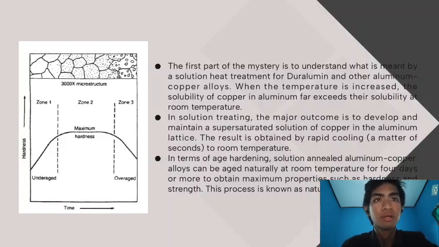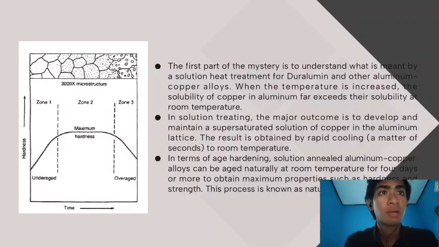to an elevated temperature and then rapidly cooled the alloy back to room temperature. The strength of the alloy increased over time at room temperature. The first part of the mystery is to understand what is meant by a solution heat treatment for duralumin and other aluminum copper alloys.